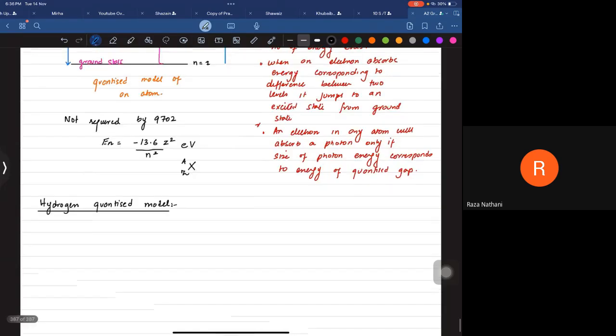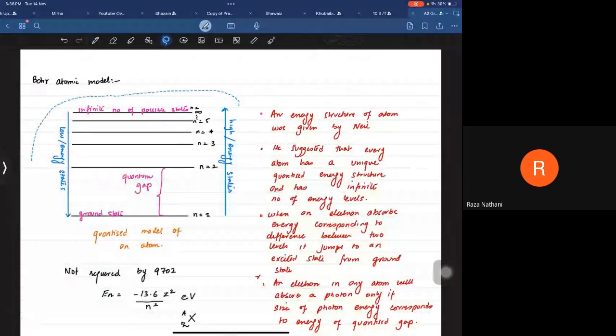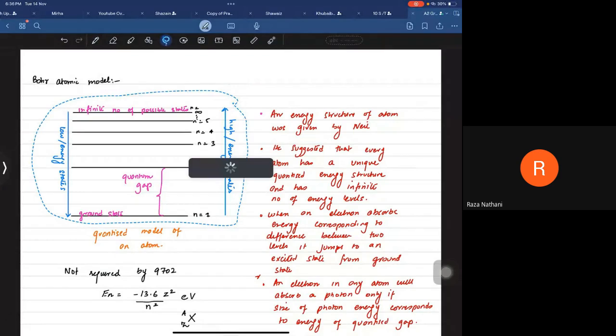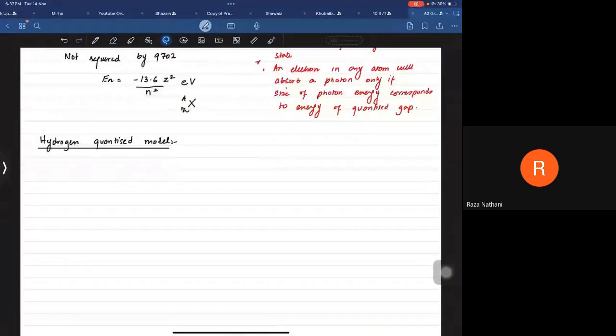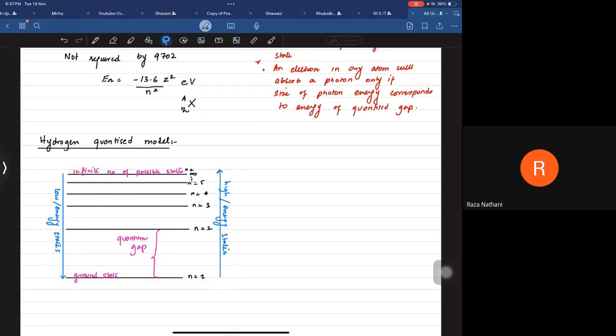So I'm going to copy this. I don't want to draw it again. So when you calculate all the energy of different levels for hydrogen, it comes out to be something like this.